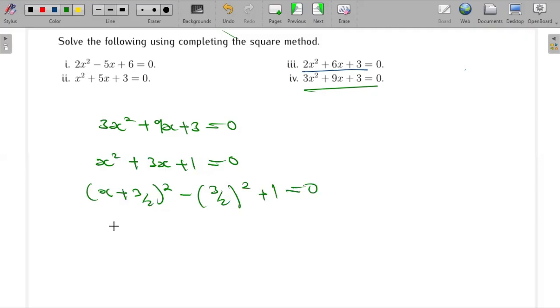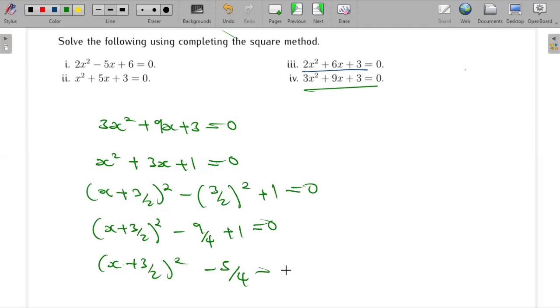Then you have (x + 3/2)² minus 9 over what? Over 4, plus 1 is equal to 0. So now what is that? You have 1 minus the 9 over 4 gives you negative 5 over 4. So this will be (x + 3/2)² minus 5 over 4 is equal to 0.